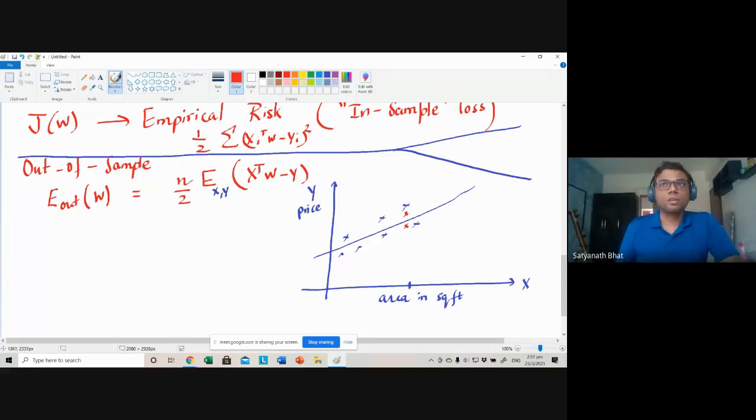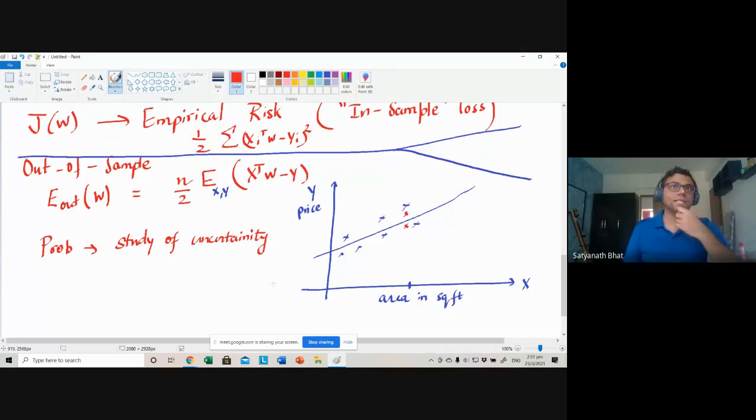Whatever feature is not present in our data is typically why we have probability. What is probability? Probability is the study of uncertainty. Many of these things that you are saying, that something is affecting it, that is the uncertainty, and that is why we have a probabilistic model in the first place.